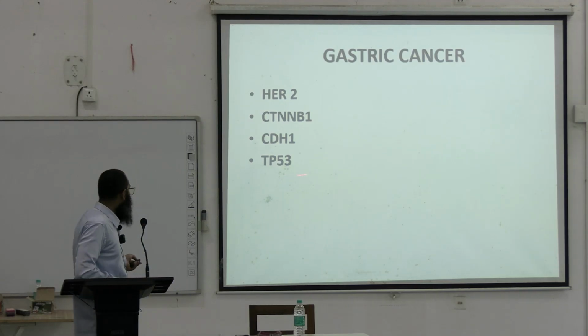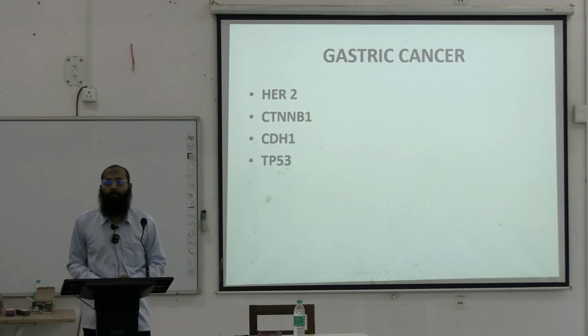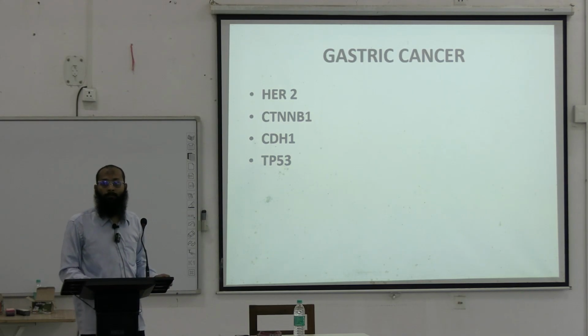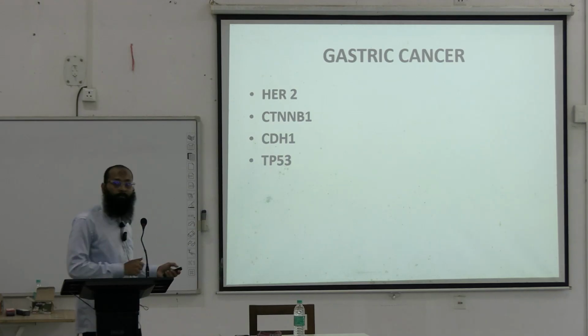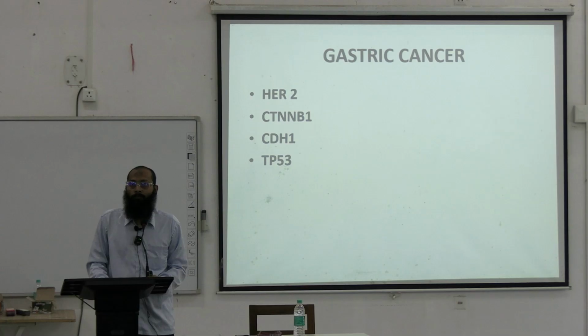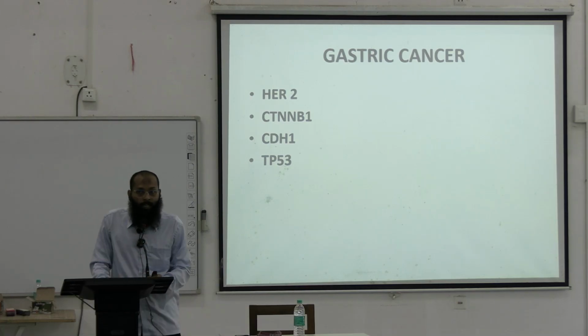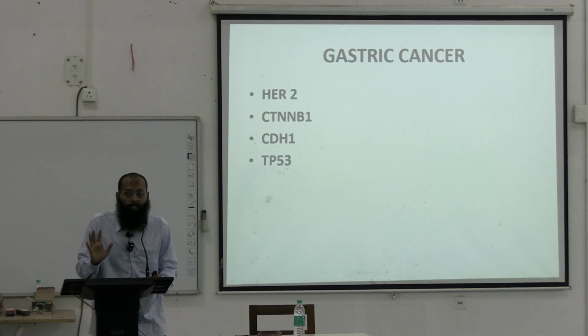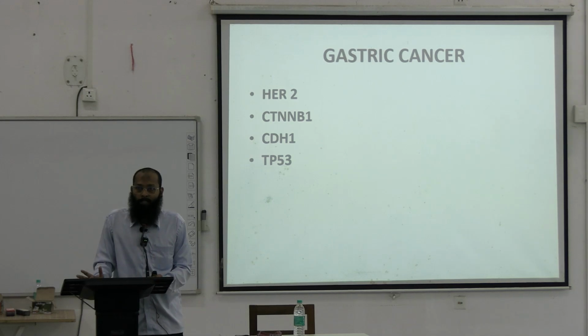Now, sit down. You tell me, what is written here? TP53. This is the name of a gene. What is the product of this gene? p53 protein, that is the product of this gene.